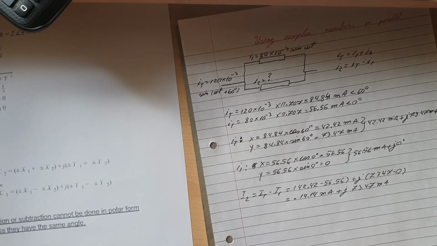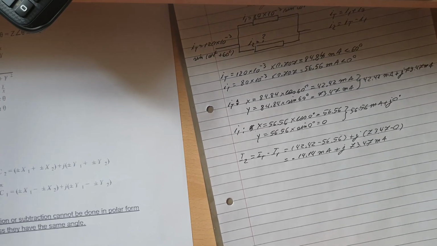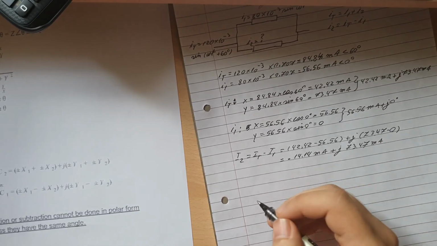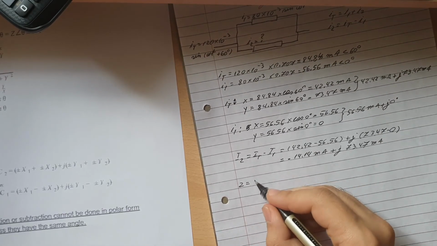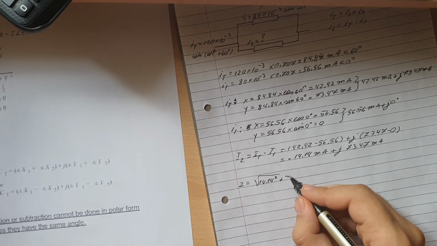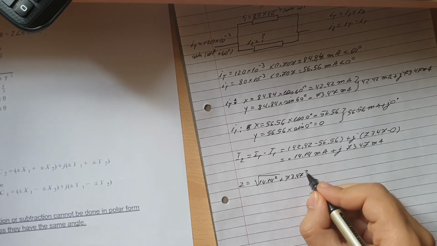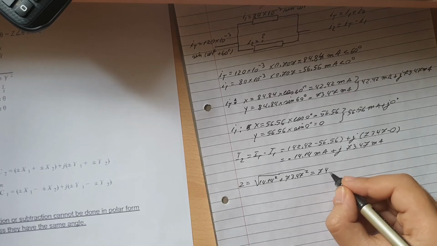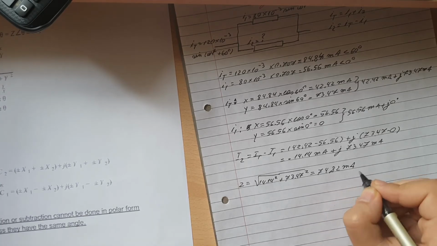Now, as you know, we need to convert this one again to polar form so we can get the angle, and then we'll need to convert it from the RMS form to the normal form to give us the peak current. Alright, so Z will be equal to the square root of 14.14 squared plus 73.47 squared, which is equal to 74.82 milliamps.